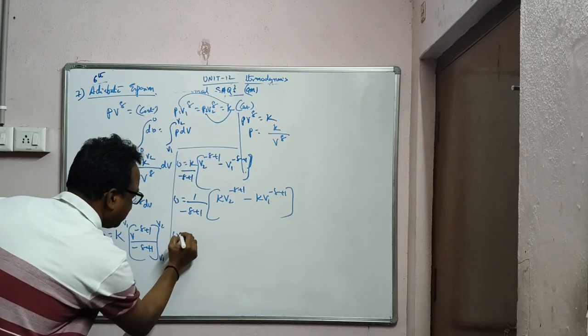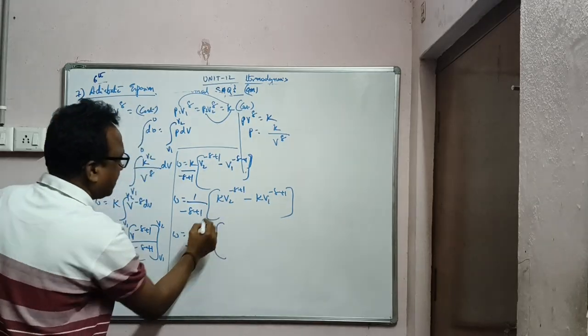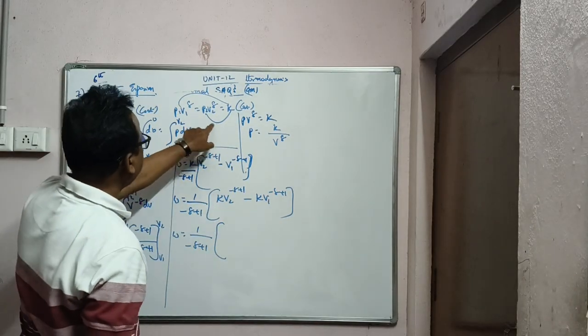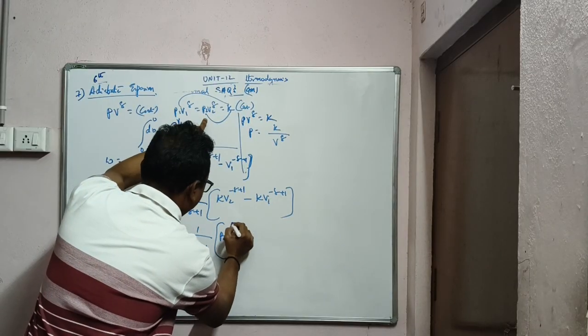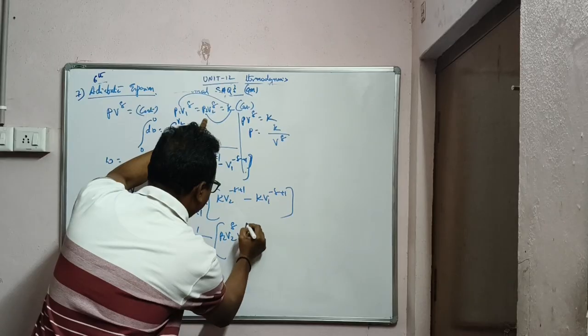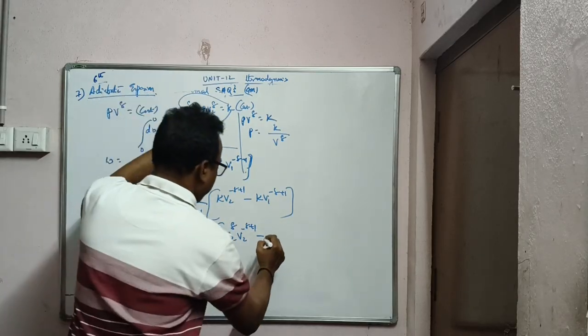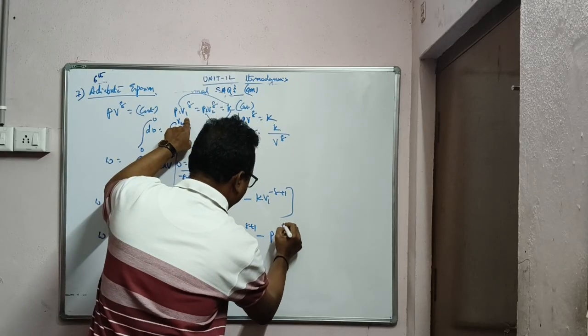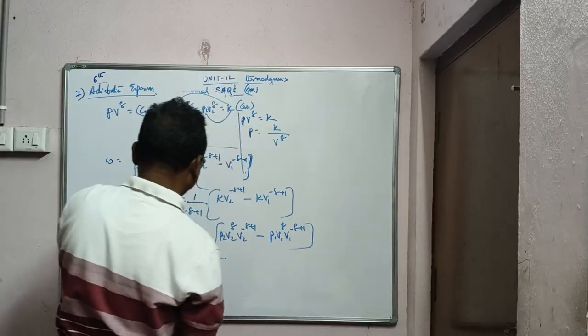Use K with V2 first: P2 V2 power gamma into V2 power minus gamma plus 1, minus, next use K with this one, P1 V1 power gamma into V1 power minus gamma plus 1.